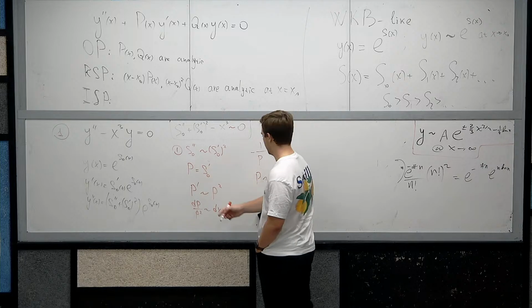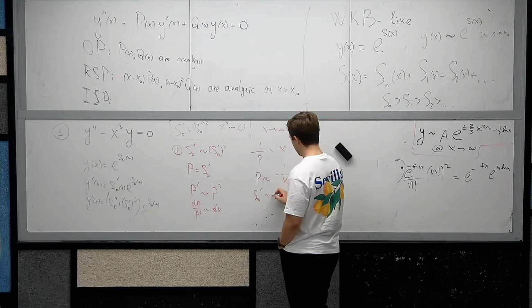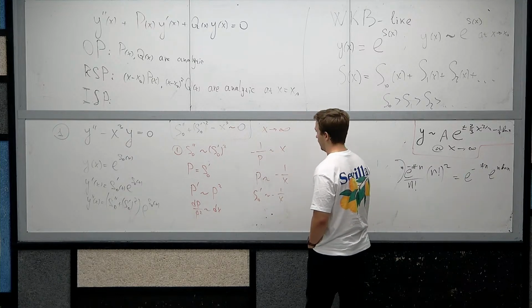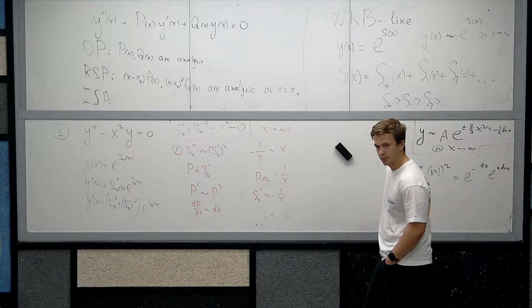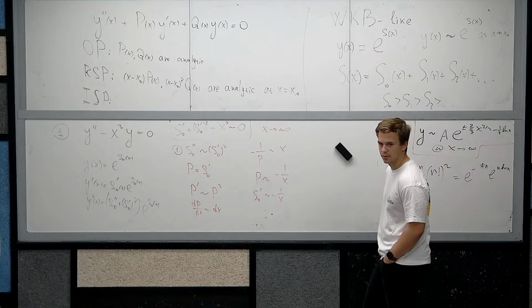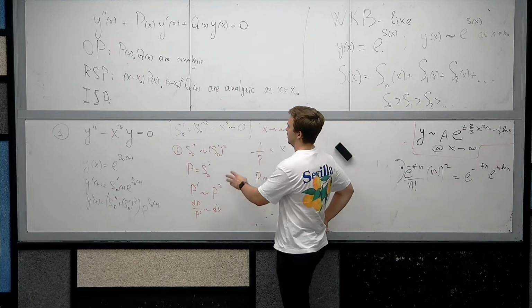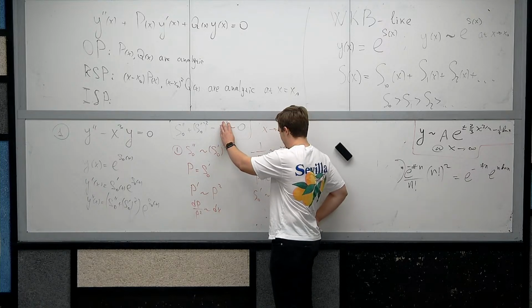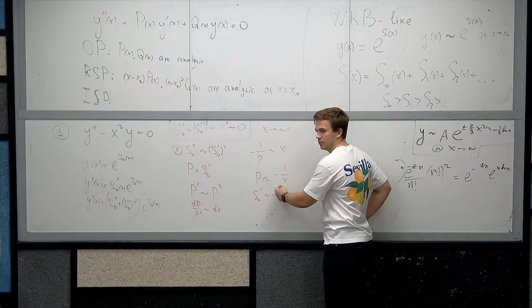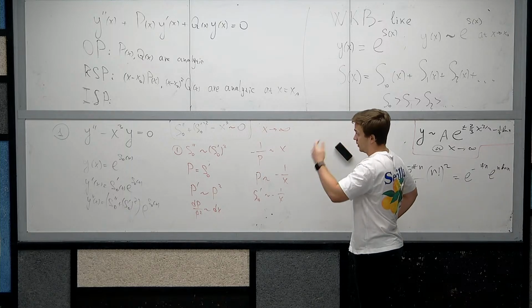Then we go back to S naught prime asymptotic to minus 1 over x. So was our assumption correct? No. Why? Because x cubed compared to 1 over x just grows while the other goes to 0. We neglected this term, but while this goes to 0 and this term goes to infinity, we made the wrong assumption.